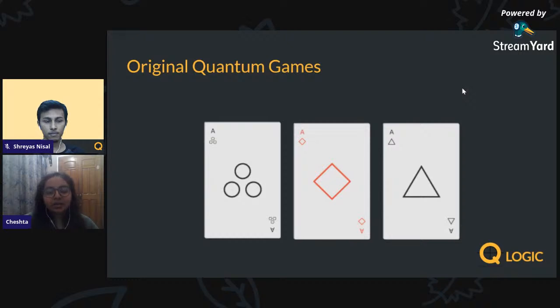So we can build up different strategies using measurement results, and we can make a guessing game around this. Just like that, there are a lot of properties, a lot of phenomena that you can use and try to build a game around.